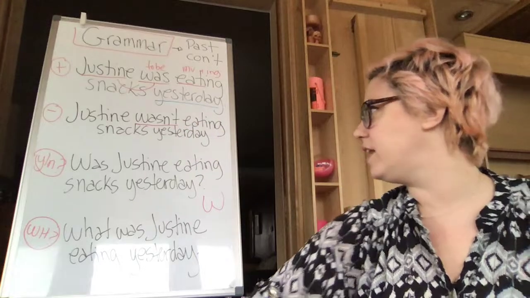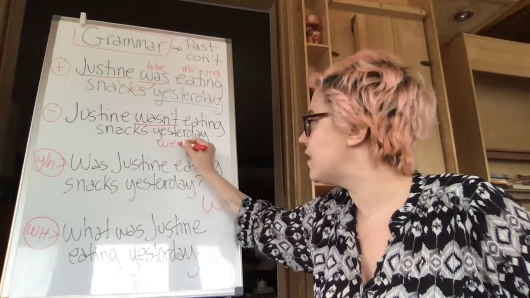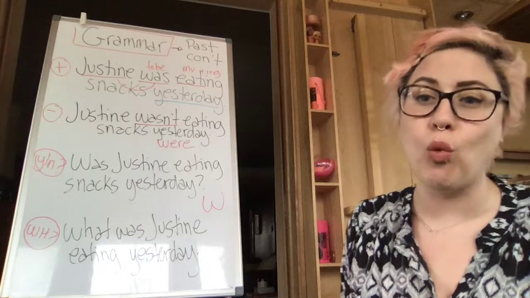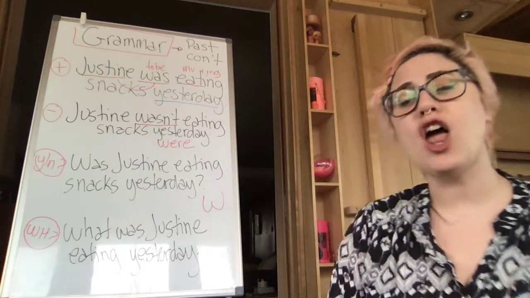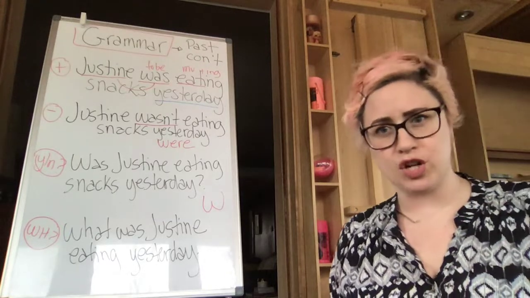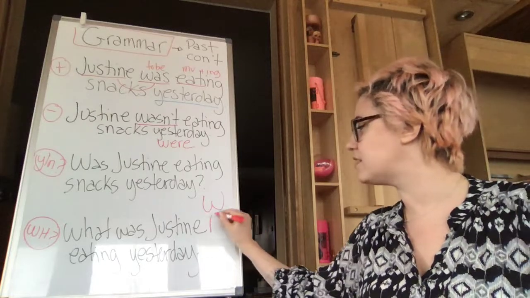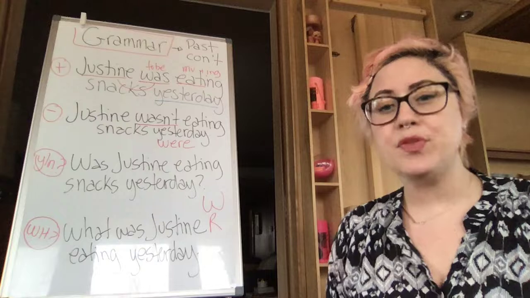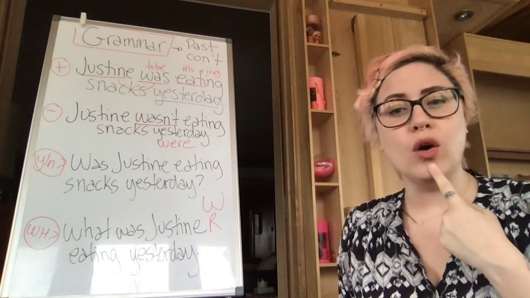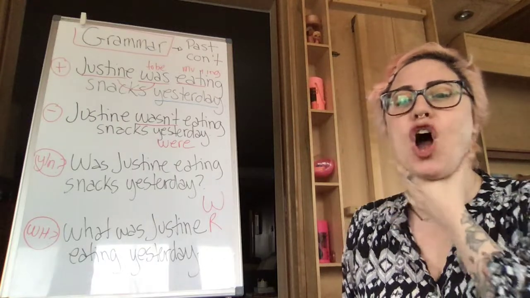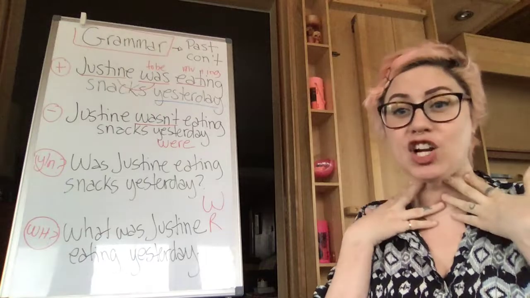Now, the other one is were, as if we were saying they were eating snacks. And a lot of people have difficulty with this word too, because it's two difficult sounds, W and R. So the W is were, and then the R sound happens down here.